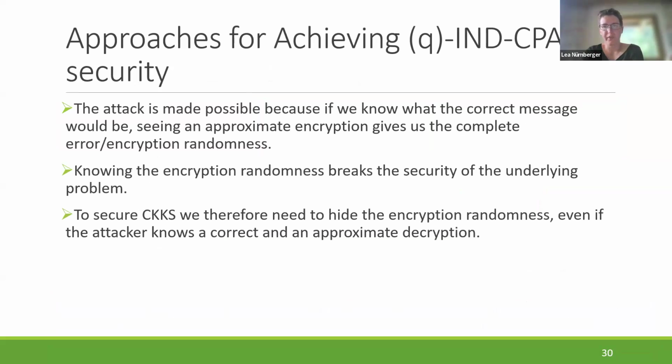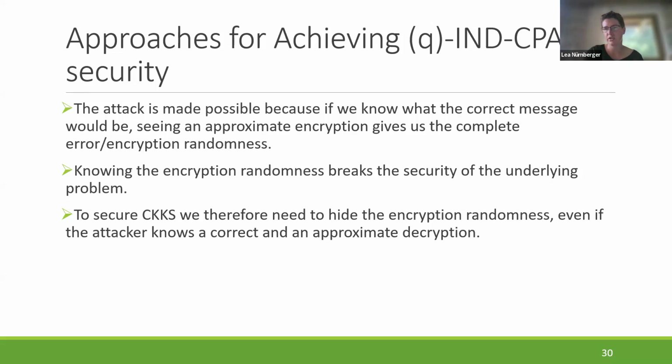Now, we know that this whole attack has been made possible because the approximate homomorphic encryption scheme during decryption returns us the randomness. So essentially, to secure CKKS and to make it q-IND-CPA-D secure, we somehow need to hide this randomness, although it is being returned during decryption.